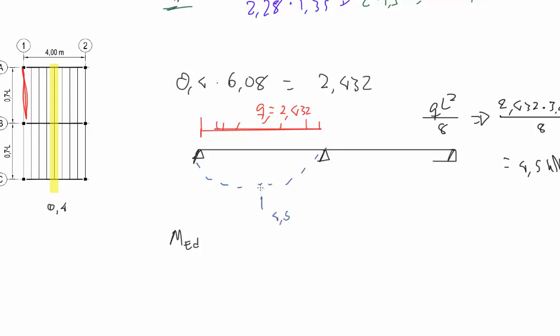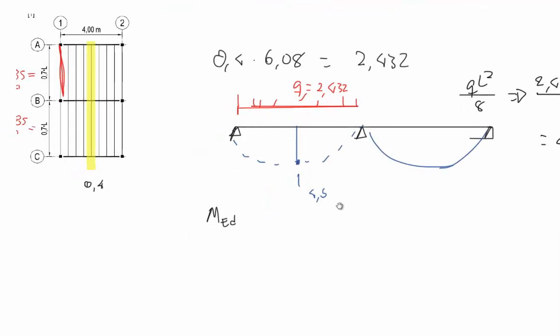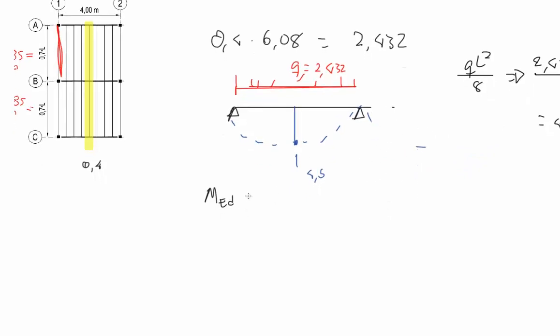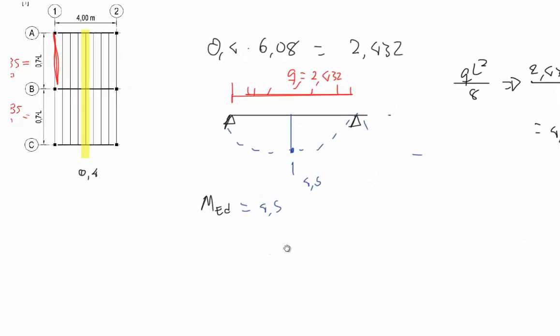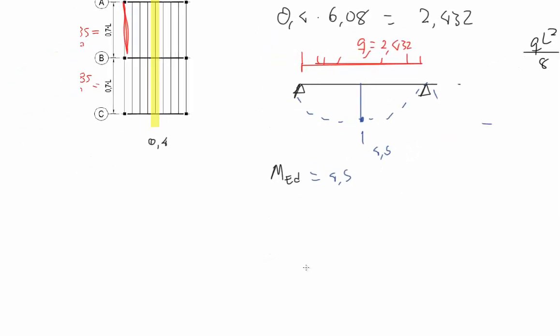4.5 in the middle. That'll be the same here. I just realized that's why I wasn't sure, because that's irrelevant. So that's cool. 4.5. Okay, so same thing if we're going to do shear.